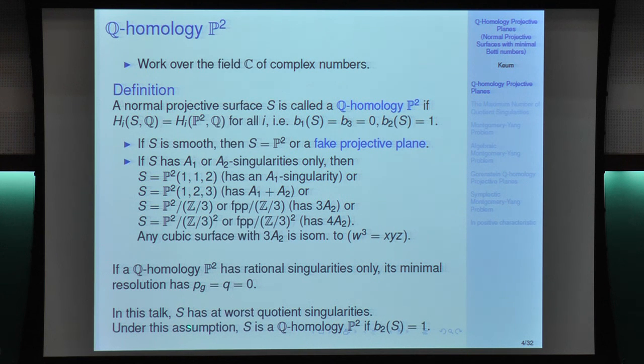So under this assumption, S is a Q-homology P2 only if the second Betti number is equal to 1. So in this case, the first Betti number is automatically 0. If the first Betti number is non-zero, then you can think of the Albanese map. So maybe you take the minimal resolution first, and then you have an Albanese map from the minimal resolution to an abelian variety.